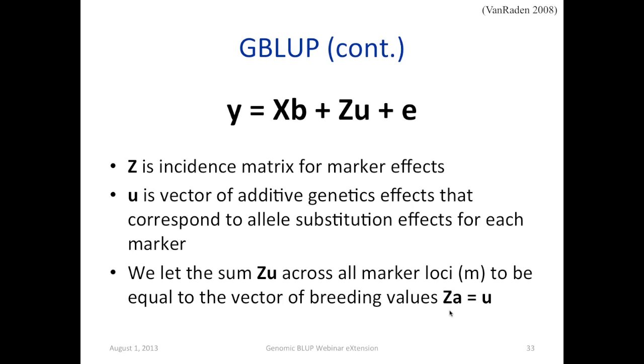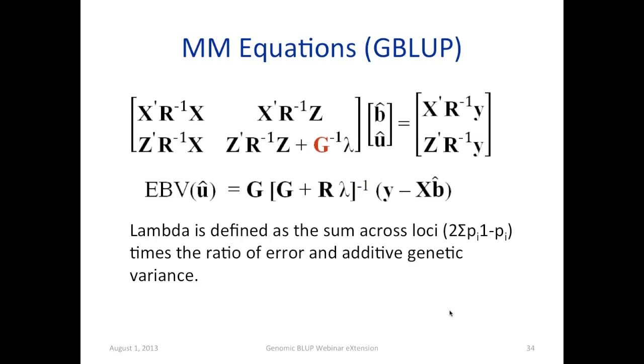So if I really simplify, the genomic estimated breeding value for an individual is a summation of all the marker effects in the model. The mixed model equations for the genomic BLUP are exactly the same, except lambda is different, and we substitute the inverse of the A matrix with the inverse of the G matrix, which is shown in red fonts.